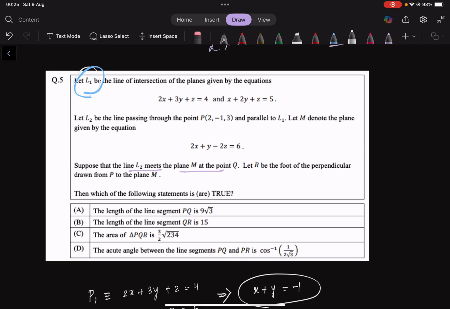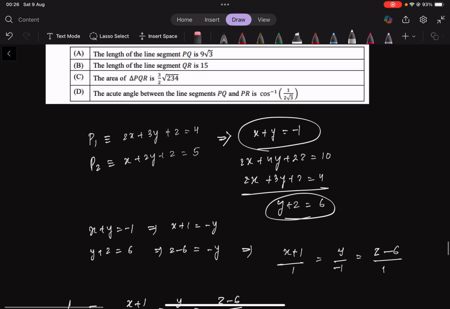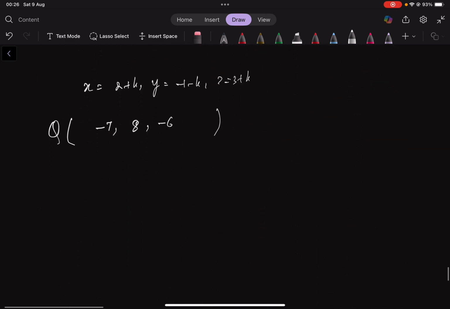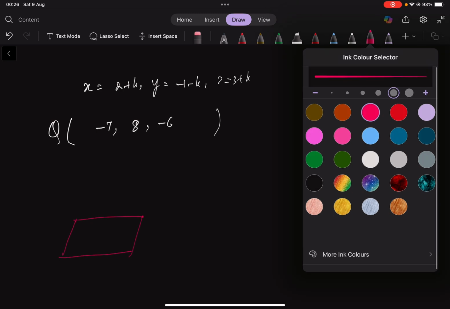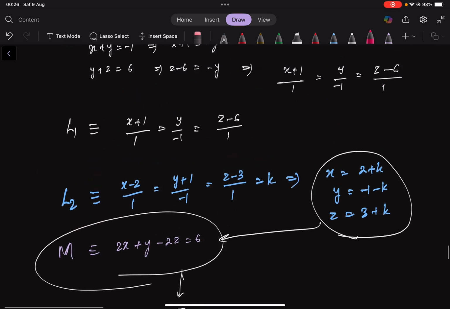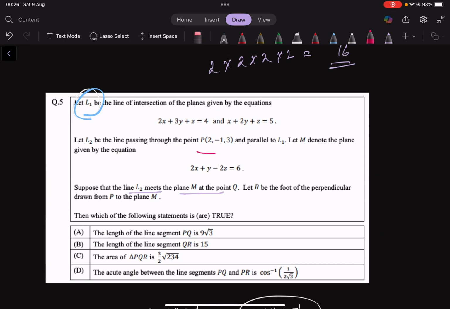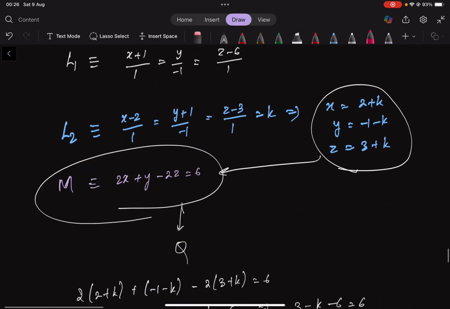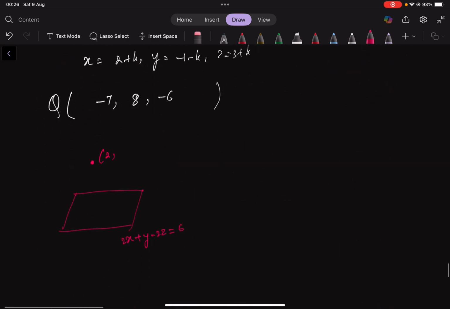Now R is the foot of perpendicular drawn from point P onto plane M. We know the equation of the plane M, which is 2x plus y minus 2z is 6. And we also know point P, which is 2, minus 1, 3.